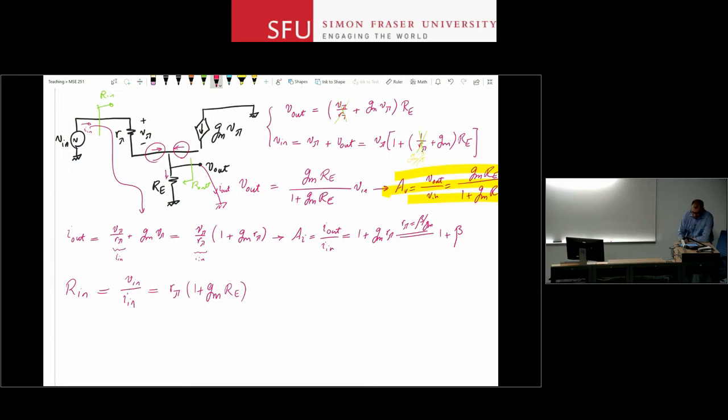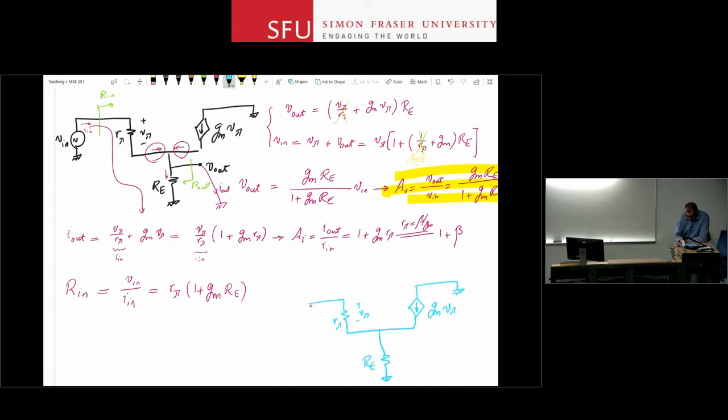Let's look at the output resistance for this circuit as well. For output resistance, I need to redraw the circuit with the source now attached to the output. So let me draw the rest of the circuit first. Collector is grounded. GM V pi here, plus and minus V pi here. This is my R pi. RE is here.